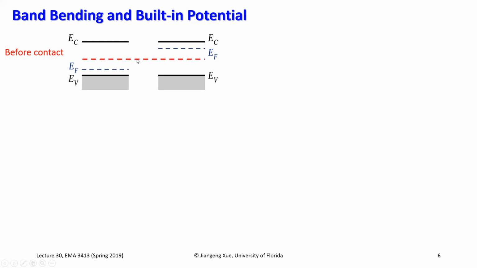To calculate that, you can start from the total band gap and take away the Fermi level difference from the valence band edge in the P-type semiconductor and from the conduction band edge in the N-type semiconductor, and then you get the middle portion. Or you can introduce the intrinsic Fermi level and calculate how much the Fermi level is off from the intrinsic Fermi level on the P side and N side and add them up.